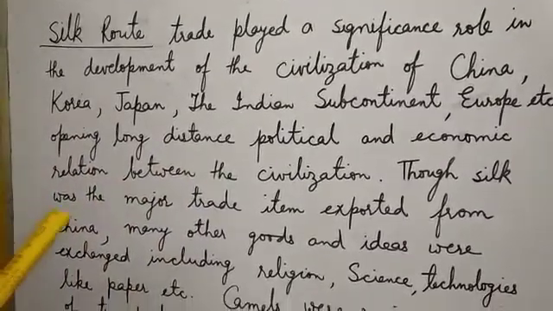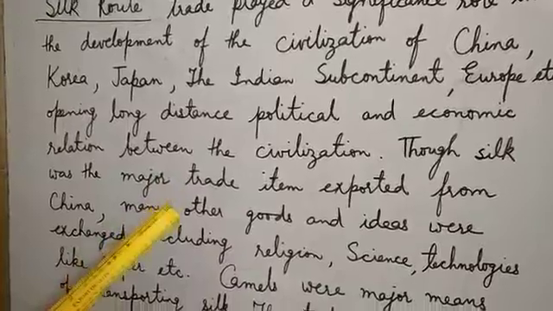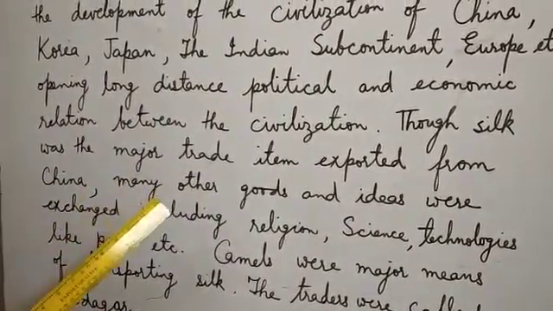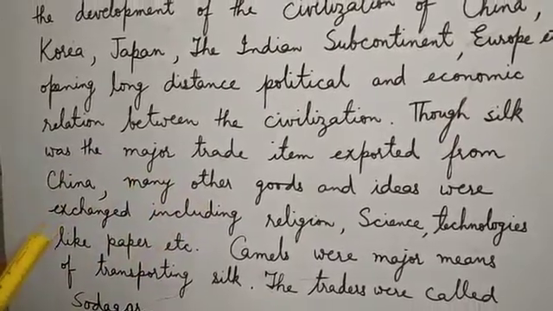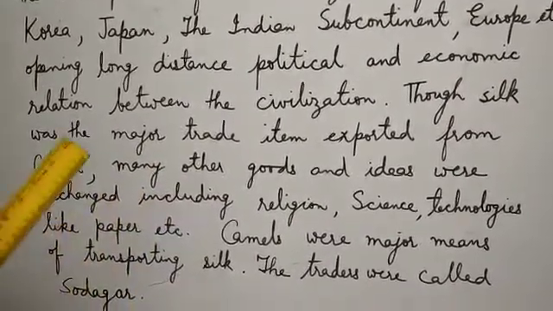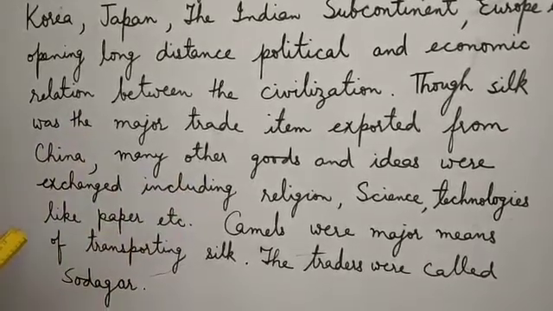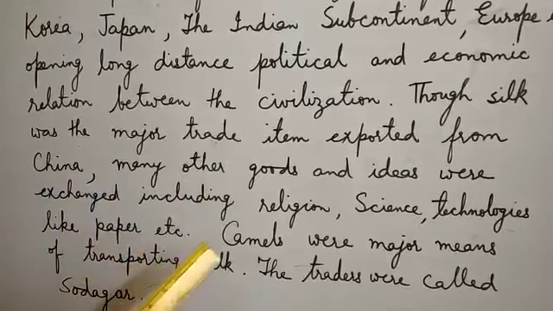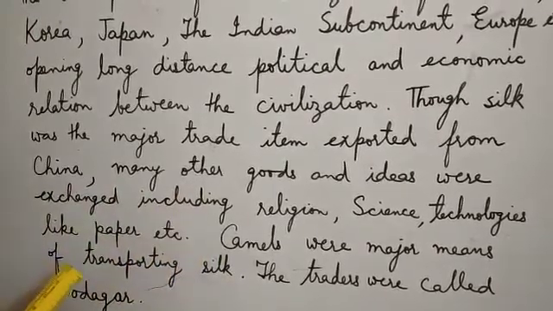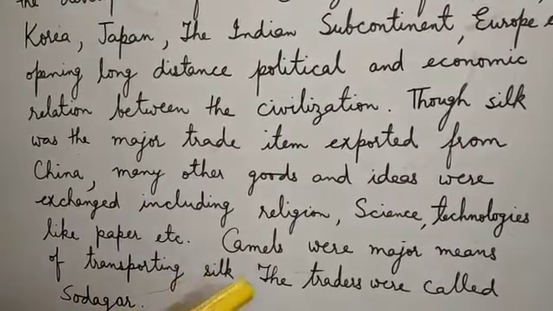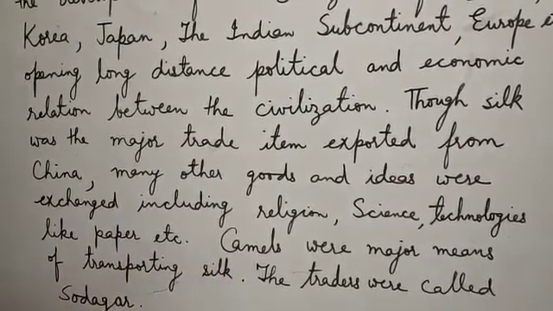Though silk was the major trade item exported from China, many other goods and ideas were exchanged, including religion, science, technologies like paper, etc. Camels were major means of transporting silk, and in olden days these traders were called saudagar.